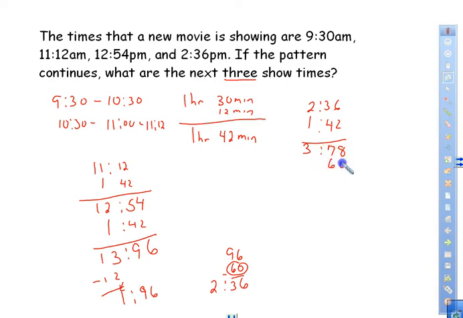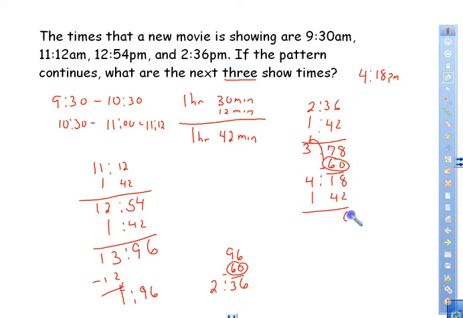We subtract 60 minutes from this and get 8 and 1, and we add that group of 60 minutes onto my 3, which gives me 4:18. So 4:18 p.m.